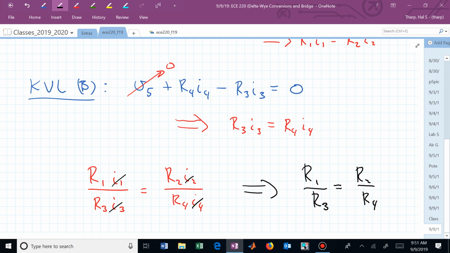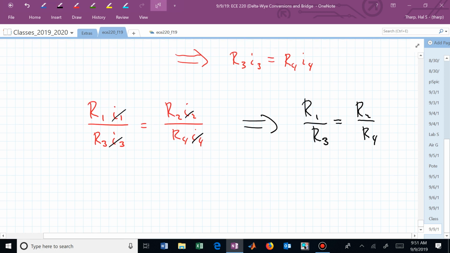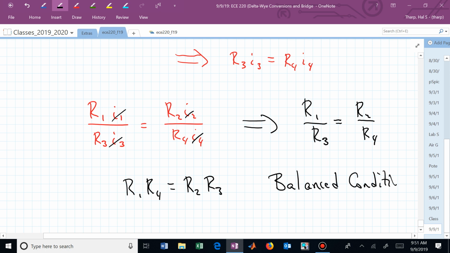If we cross multiply, do you see we end up with R1 R4 equaling R2 R3? That's what we were wanting to do.